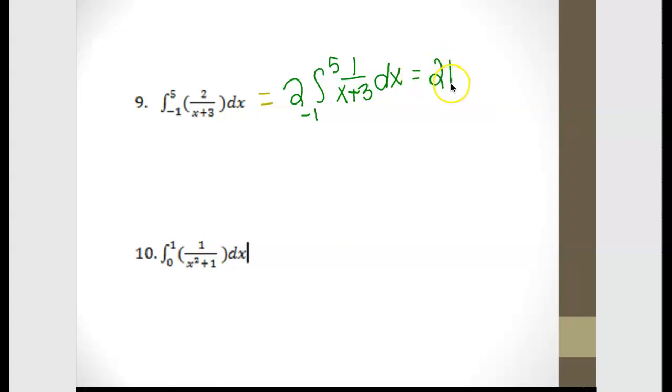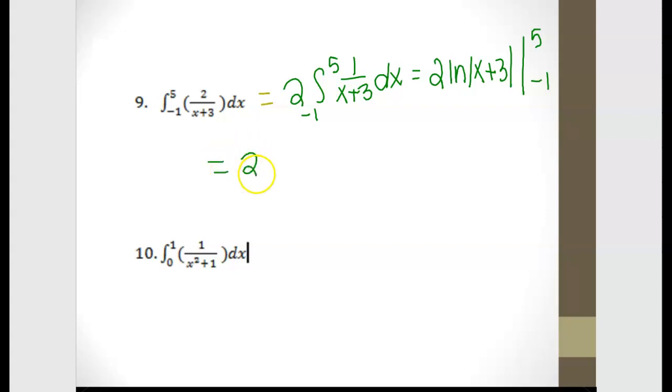So I get 2 natural log of the absolute value of x plus 3 from -1 to 5. Now you might be looking at that bottom and going, wait, it's -1. We can't do the natural log of a negative. That's where what's inside the absolute values comes into play, and that's why we have the absolute values. Like let's say when you took it, it was negative, the absolute values make it positive. And in this case, you have x plus 3, so -1 plus 3 becomes 2, so it's also okay.